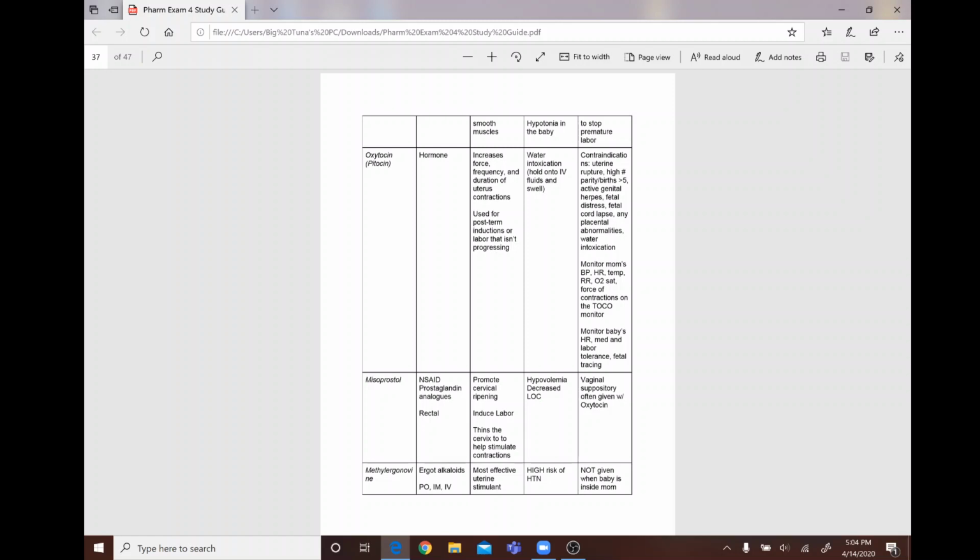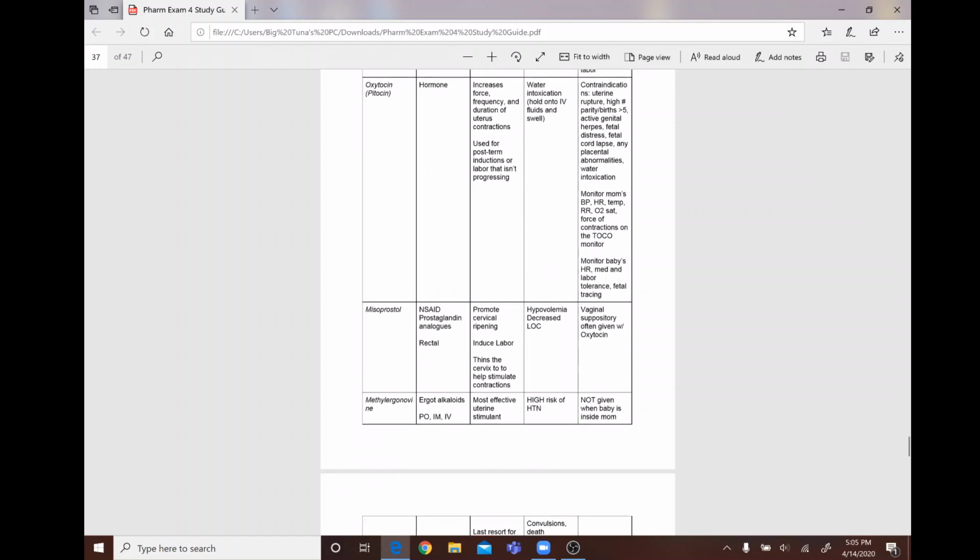Uterine rupture, more than 5 births, active genital herpes, fetal distress, fetal cord prolapse, any placental abnormalities, water intoxication. What are we going to monitor when someone's taking oxytocin? We're going to monitor mom's blood pressure, heart rate, temperature, respiratory rate, O2 sats, force of contractions on the toco monitor, and we're going to monitor the baby's heart rate, labor tolerance, and fetal tracing.